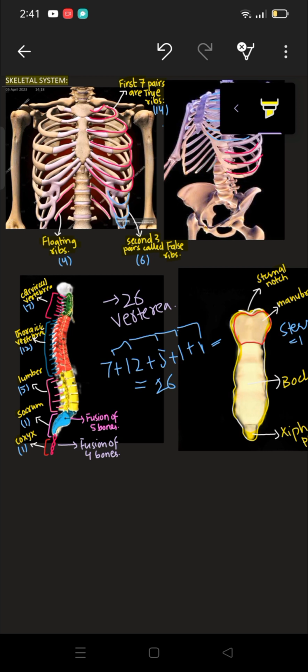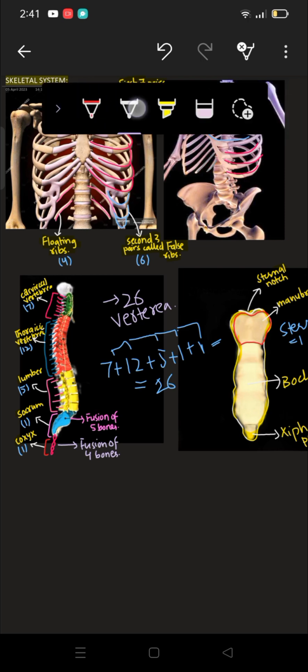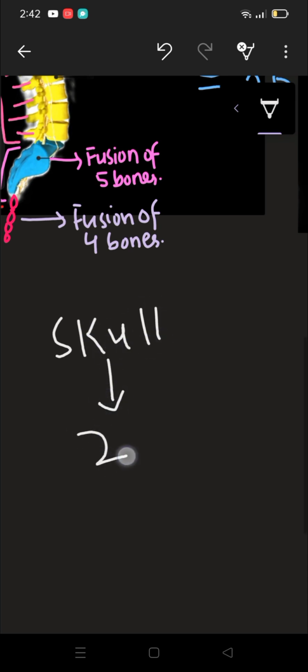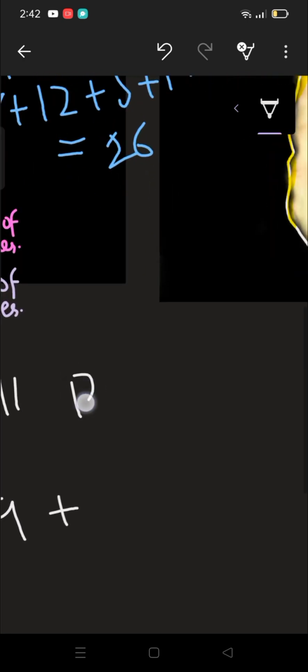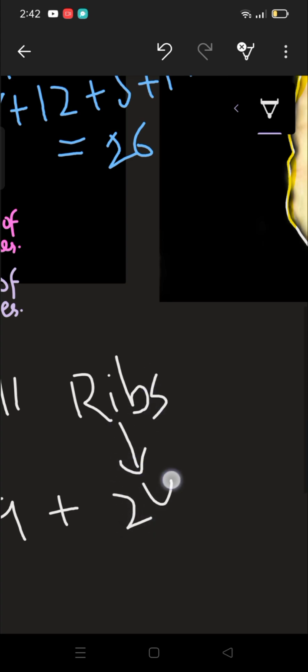Now let me prove how we were having 80 bones in the axial skeletal system. As we counted in our yesterday's class, we have 29 bones of the skull. Skull has how many bones? 29. Then plus we have discussed ribs today. So here let me write ribs, and those were total 24 in number.